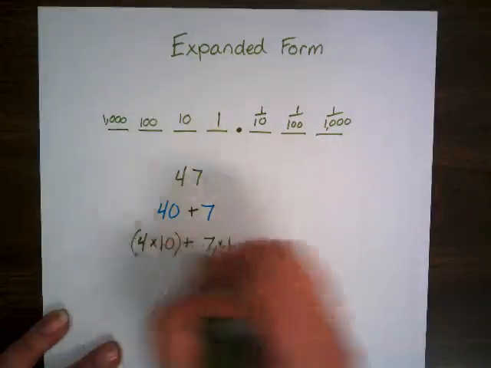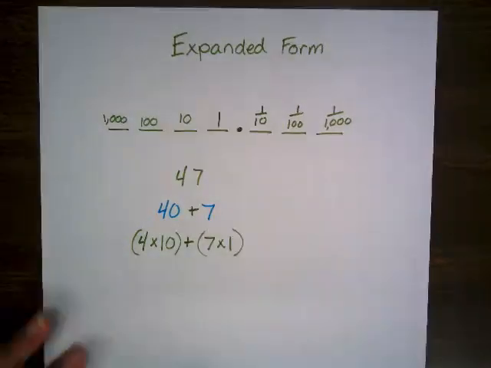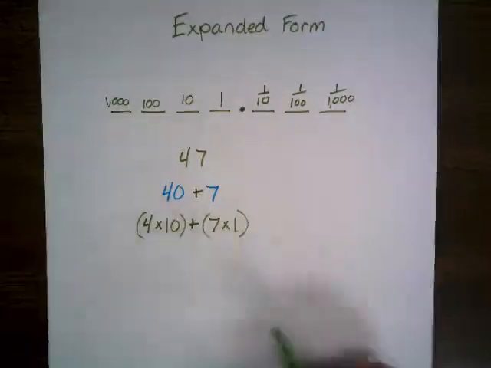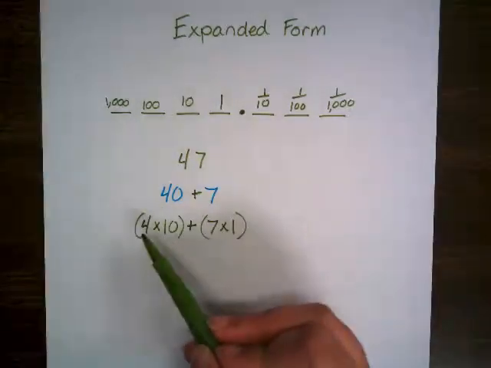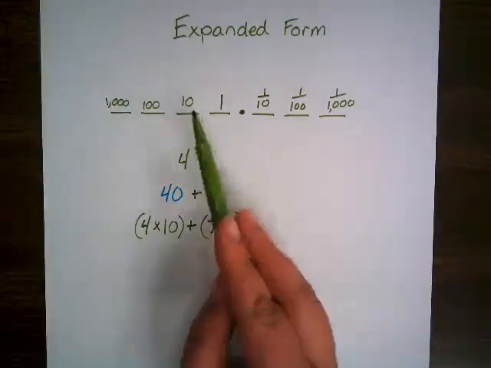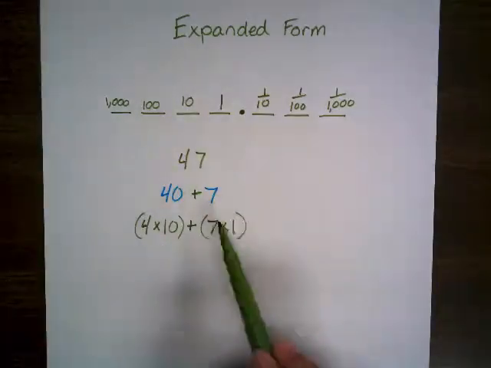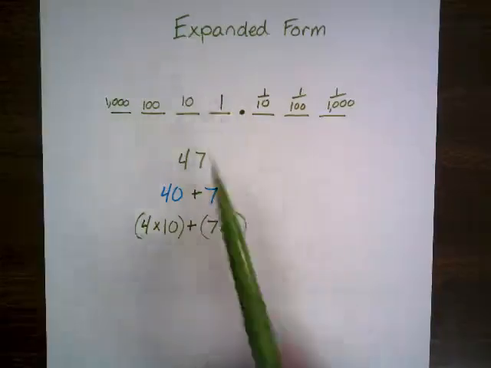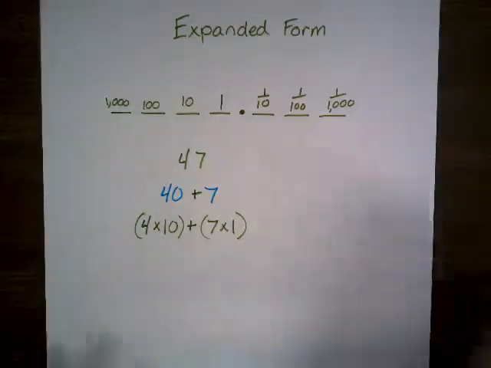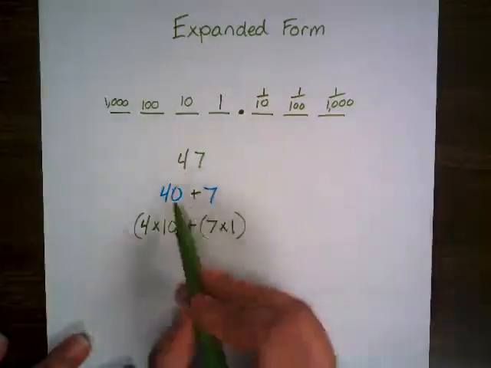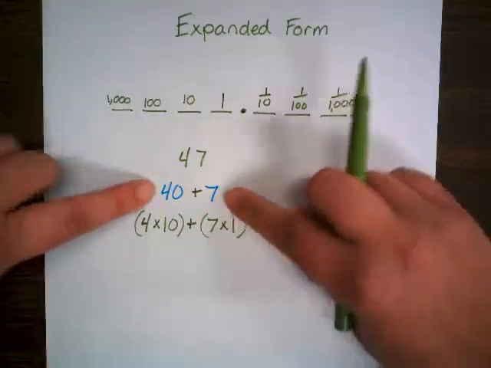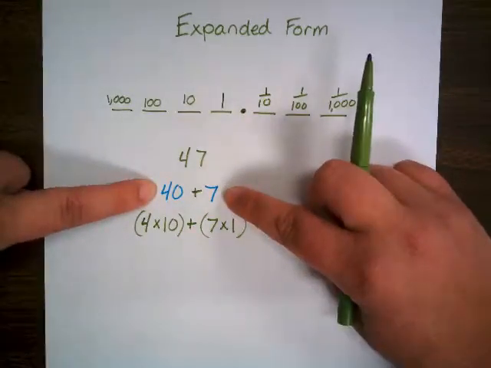I'm going to go ahead and write parentheses around. We've already learned about parentheses and order of operations previously. So we can see here now that the 4 should go right here at this value, 4 times 10. And we said the 7 should go right here at this value, 7 times 1. So 47, we've gone ahead and we've looked at the values of the numbers.